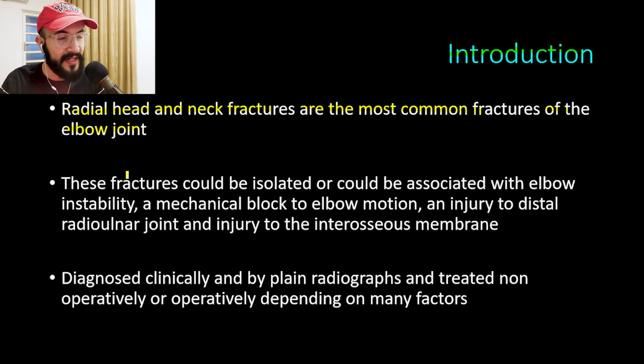These fractures could be isolated, or they could be associated with elbow instability, or with a mechanical block to the elbow motion. And elbow motion means the movements that the elbow joint can do, like flexion and extension, and pronation and supination.